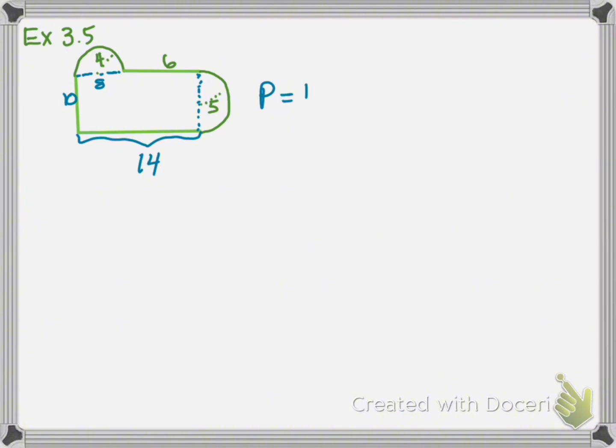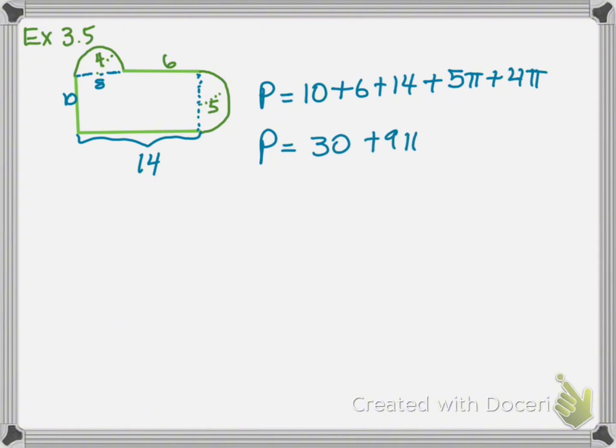And so now we can easily just find the perimeter. We'll put the straight sides, so 10 plus 6 plus 14. And then the curves, or the semicircles, which we said was just going to be pi r. So 5 pi plus 4 pi. And that will be 30 plus 9 pi.